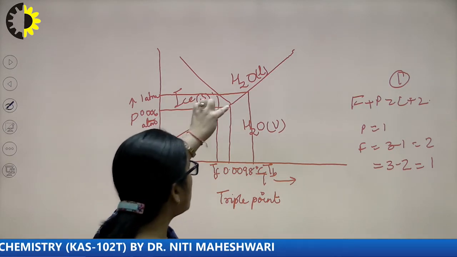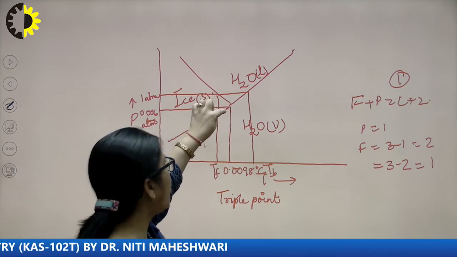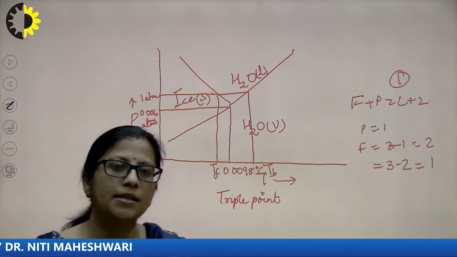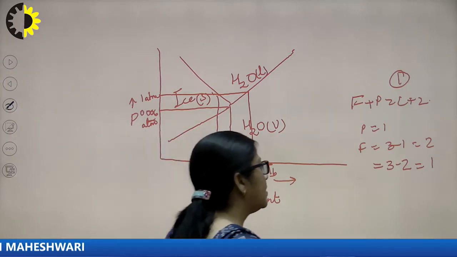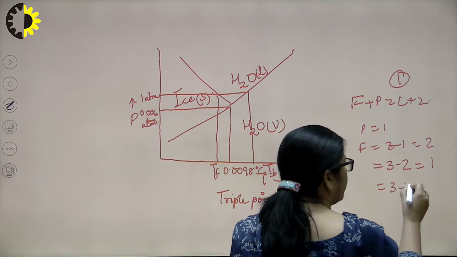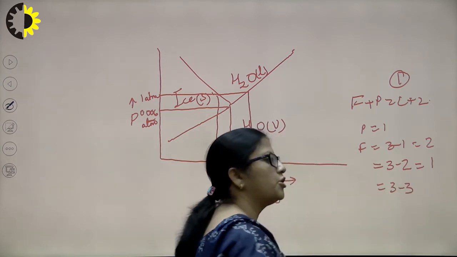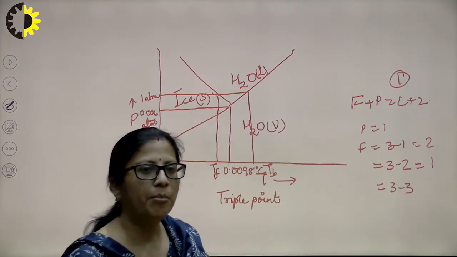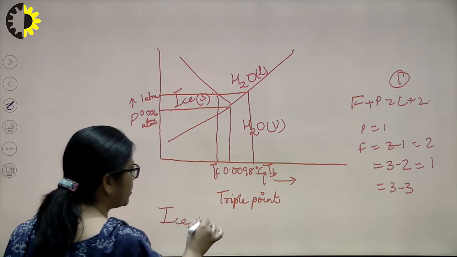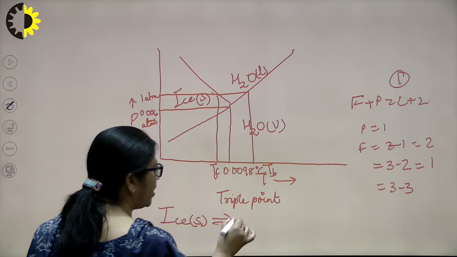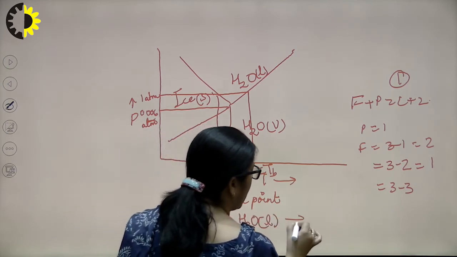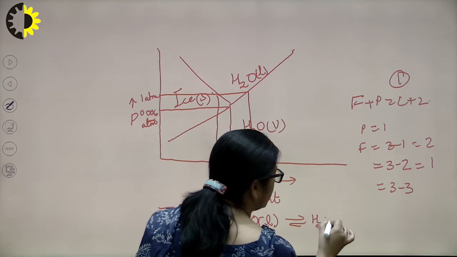Similarly, if we talk about this point, at this point, as I said, all three phases are going to coexist. That means if I calculate the degree of freedom at the triple point, the number of phases is 3, because at the triple point the equilibrium is between ice solid, water liquid and water vapor.